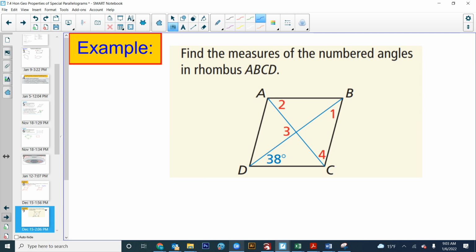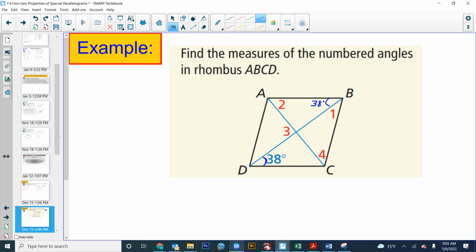All right. Find the measures of the numbered angles in rhombus ABCD. So first of all, is this a parallelogram? Yes, because it's a rhombus, it is a parallelogram. So as soon as I see that, I'm thinking, okay, 38, alternate interior.